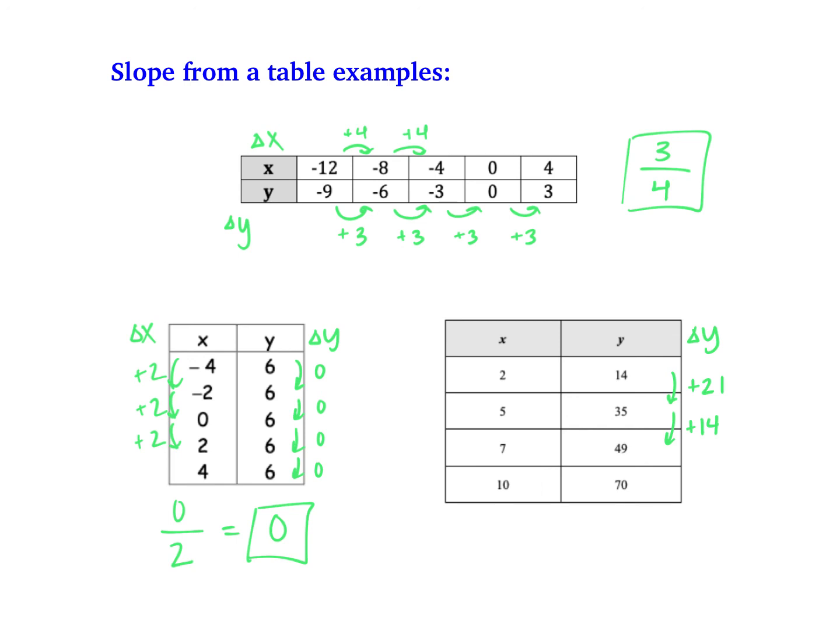And then from 70 to 49 is back up to 21. So I have a combo of 21 or 14. I'm going to wait for my change in x to see what's happening here. X here is increasing by 3, then only by 2, and then back to 3. So 21 over 3 and 14 over 2. So I can see that those simplify all to 7 over 1, or just 7.